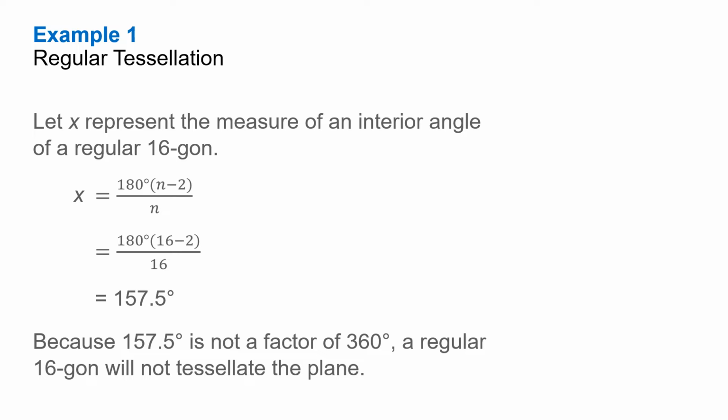N in this case is 16 because 16 is the number of sides of the regular 16-gon. When you follow order of operations, you end up with an interior angle measure of 157.5 degrees. You cannot divide 360 by 157.5 degrees evenly, so it will not tessellate the plane.